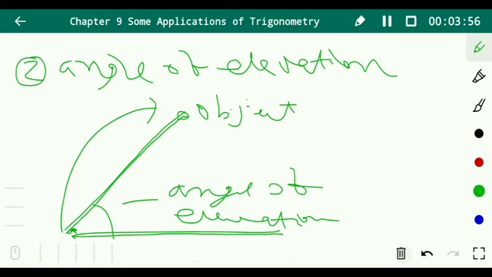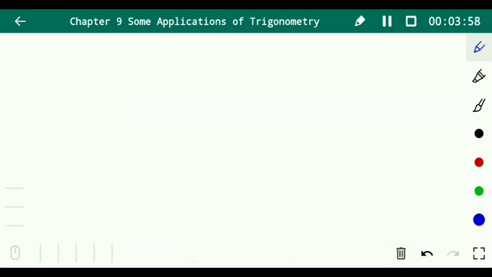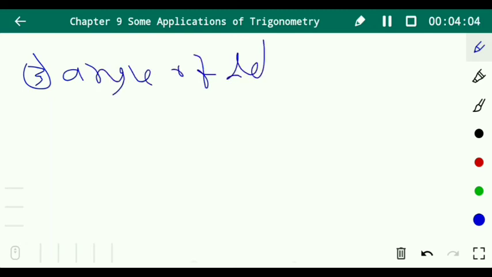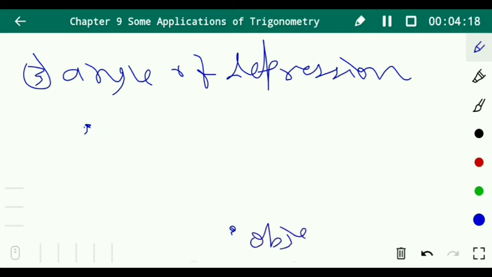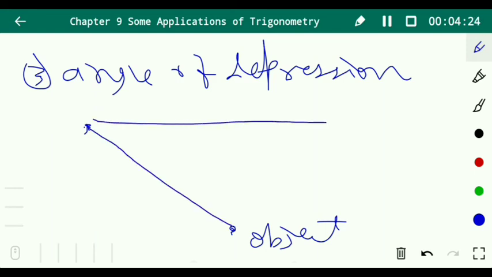Now next, third one is angle of depression. It means, suppose the observer is on the top and the object is below the horizontal line. So here is the object. Again we have to draw the line of sight and the horizontal line.